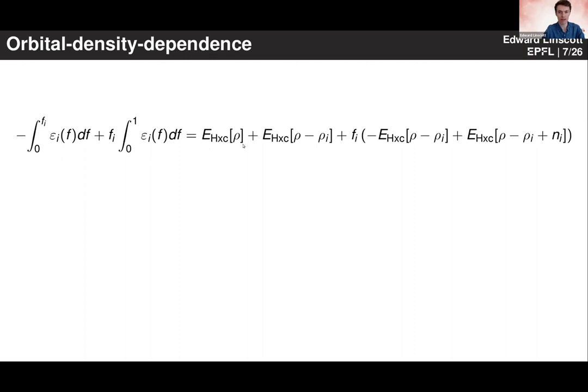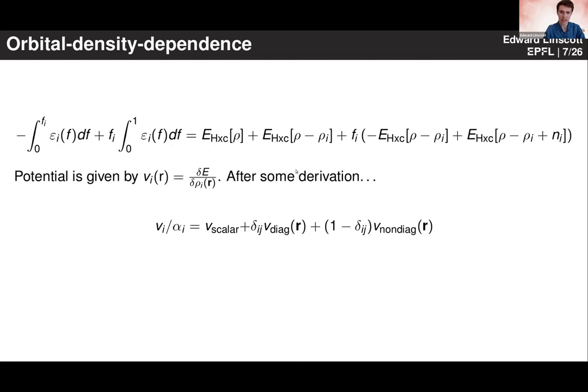All you're having to do is evaluate the Hartree and exchange and correlation energy on various densities. And the potential as applied to a particular orbital is given by this functional derivative. And after some derivation, we can obtain that these potentials are made up of three different parts.